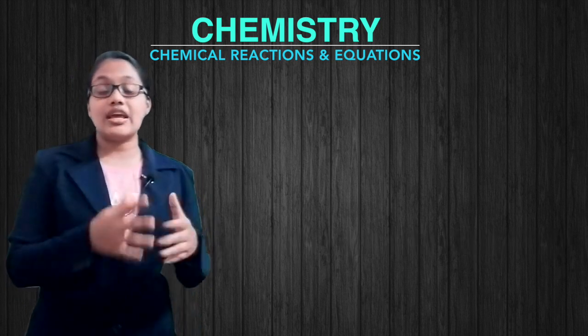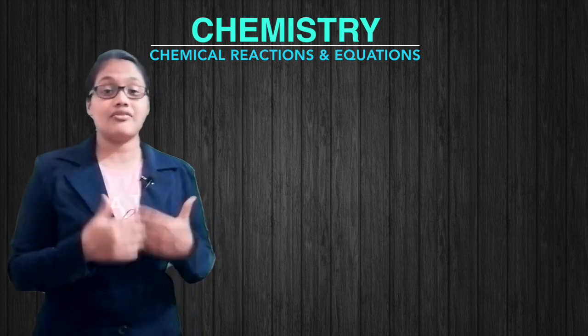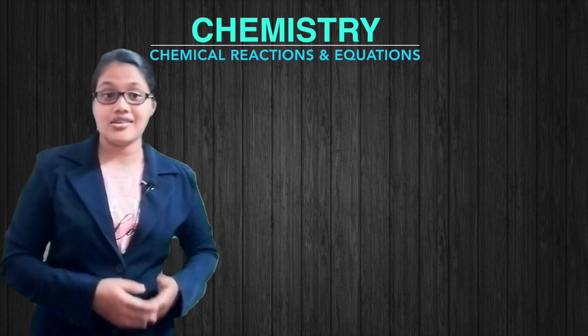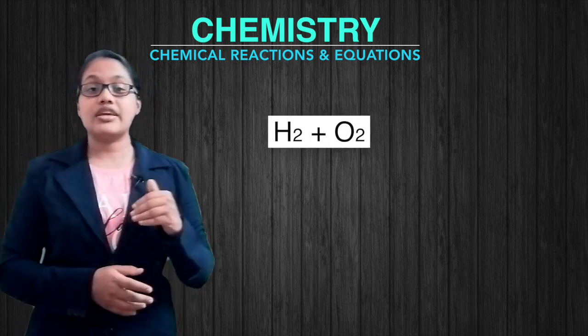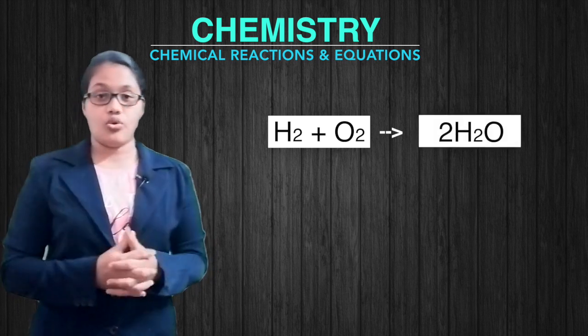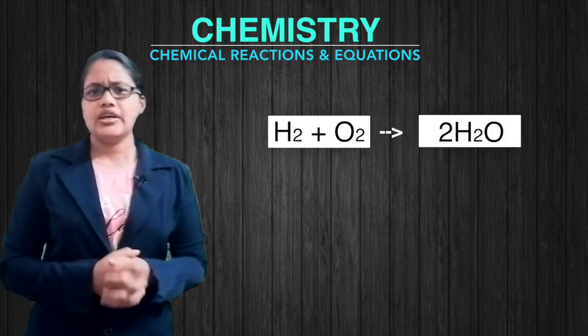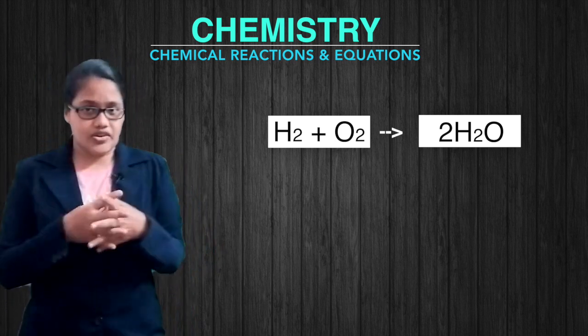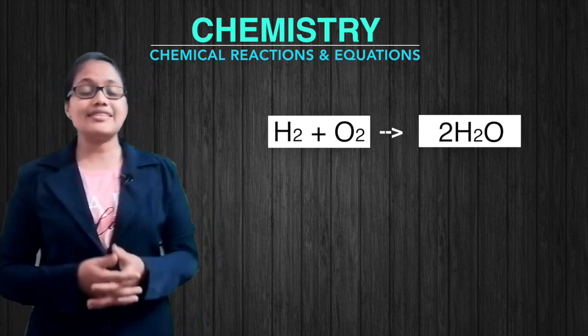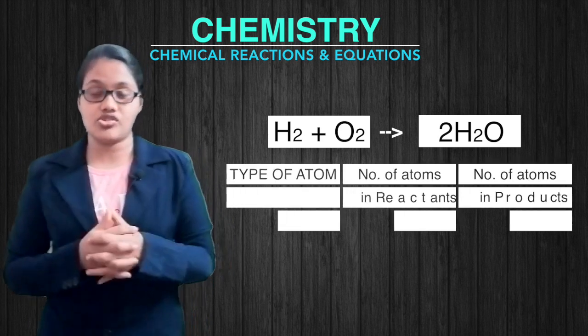So now the equation will be changed as H2 plus O2 giving 2H2O. But let's count these numbers again. Let's redraw the column and let's see how the number changed.